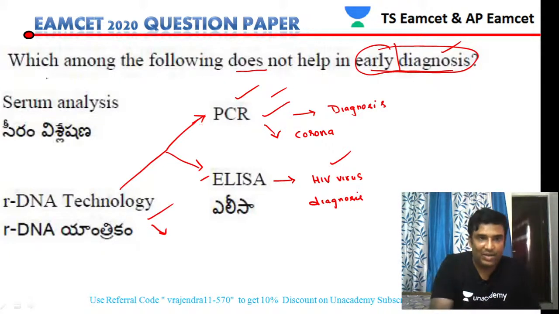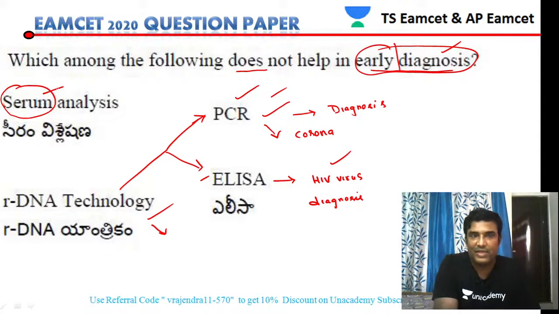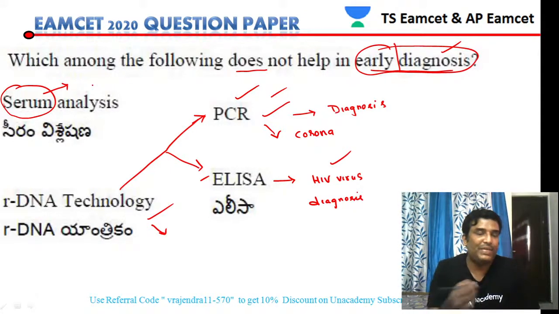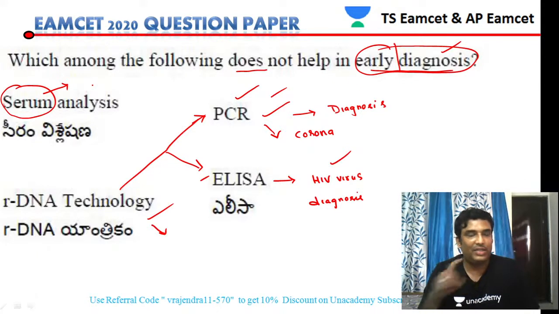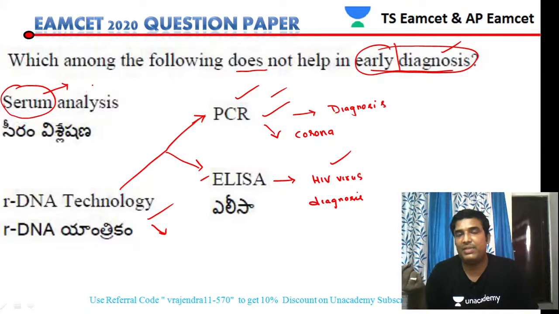Then early diagnosis, serum analysis. What does serum analysis mean? A diseased person's serum is examined. Coronavirus is nowadays tested using PCR, specifically RT-PCR, reverse transcriptase polymerase chain reaction.